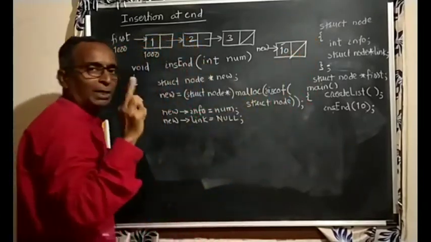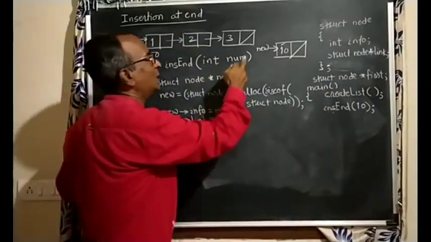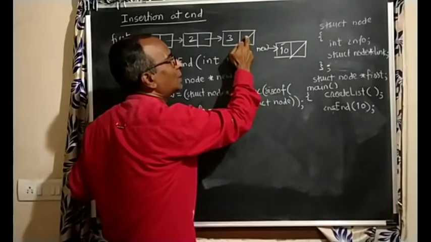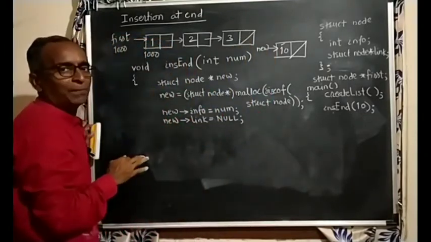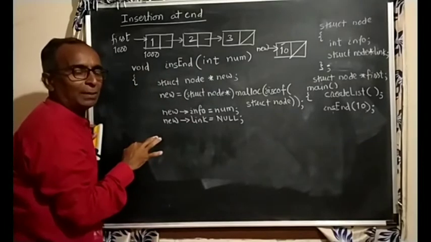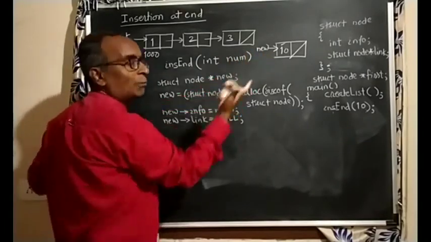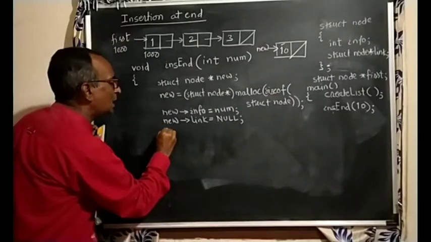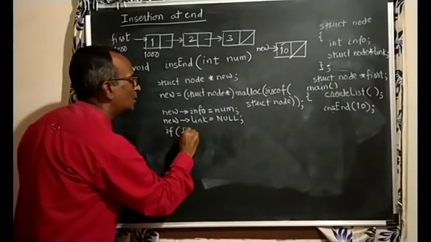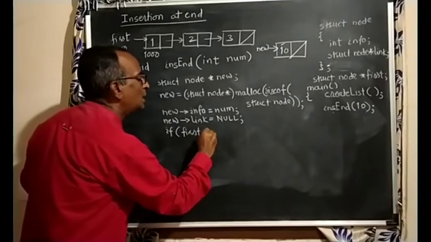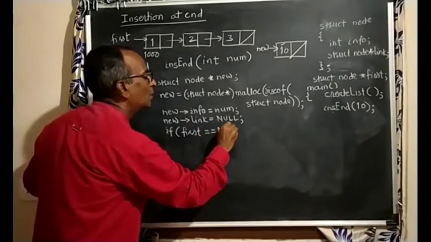Now what is remaining? The remaining task is, if the linked list is empty, then this new node will be the first node. So check that special condition. If first is equal to null.